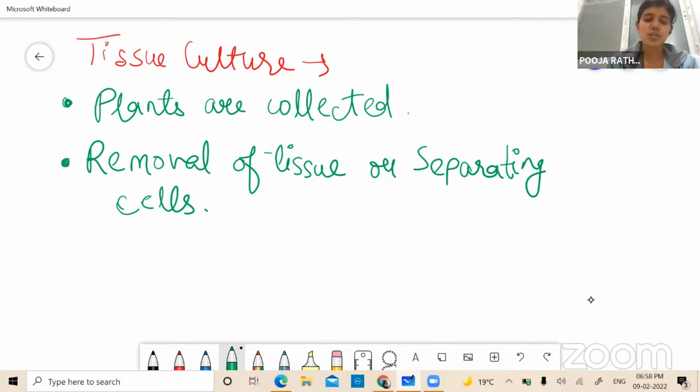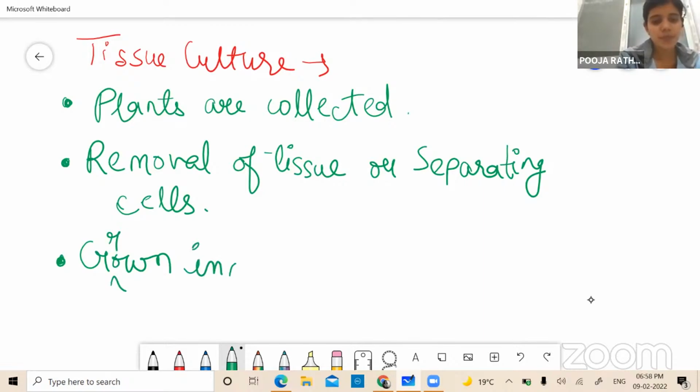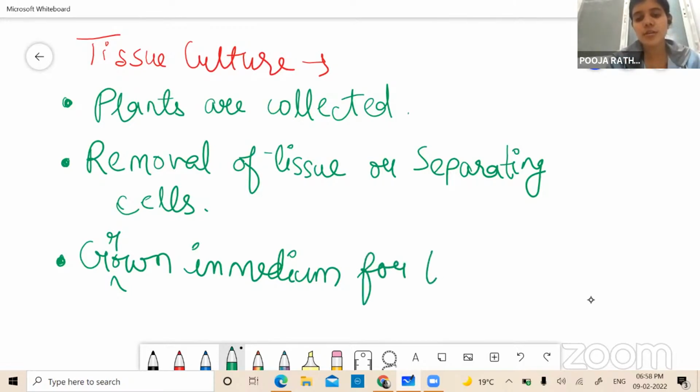These tissues are removed or separated and grown in a medium for their full development.